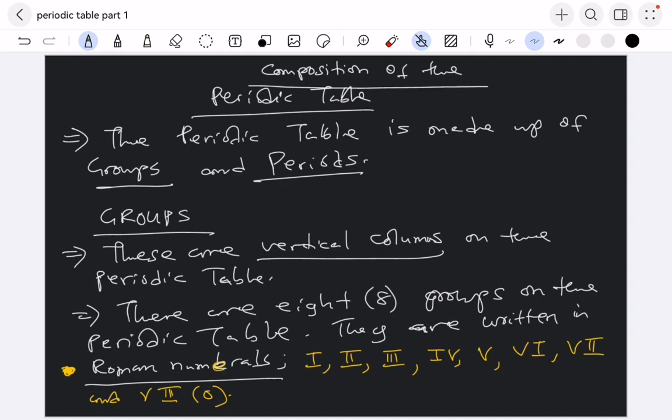We do not use Arabic numerals. So we use Roman numerals to represent groups on the periodic table.